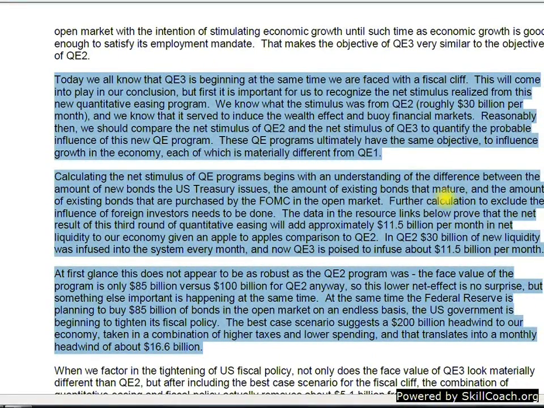I'm going to let you read this. It's detailed, it's effective. It's probably not an easy read for most people, but the conclusion is that our government, with both monetary and fiscal policies included, is now a net drain on liquidity. This was not like this last year. This was not like this the year before.